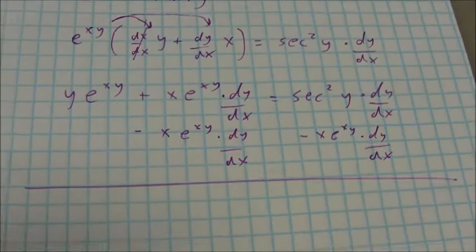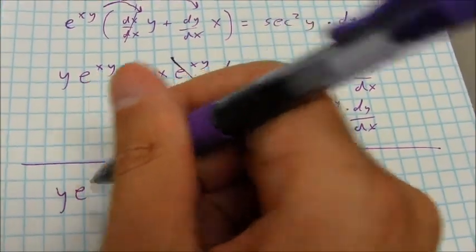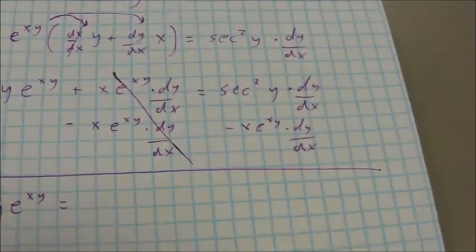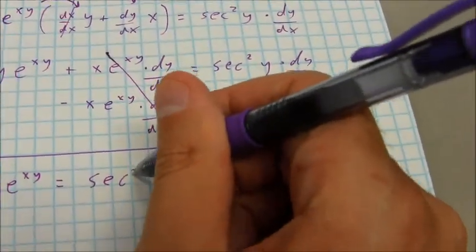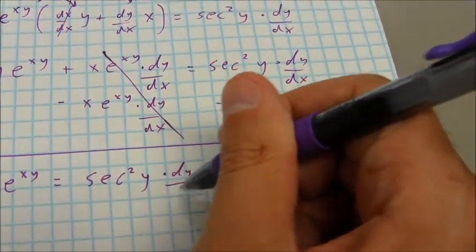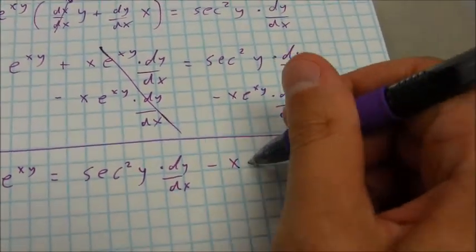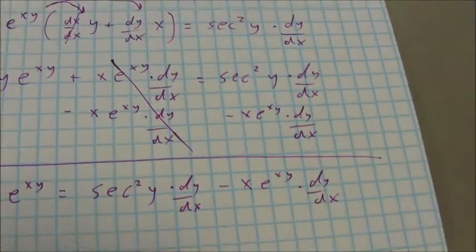These are not like terms, so we get all kinds of stuff canceling and simplifying because of the subtraction, but there's not going to be much that I'm going to be able to simplify on this side. I'm still going to have my secant squared y times dy dx. I'm going to have my minus x e to the xy times dy dx.